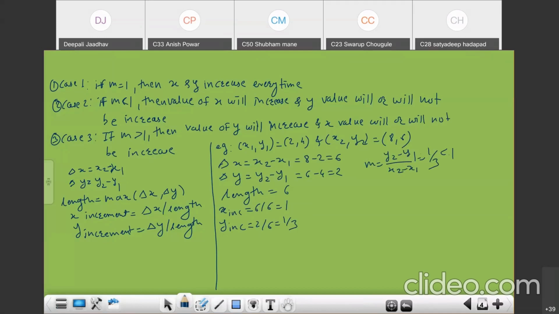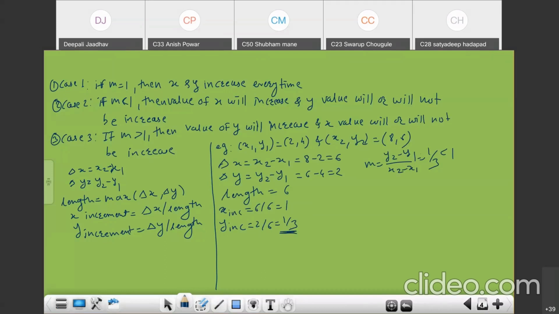So here you can observe that x is increased by 1. Correct? Why? Because the slope is less than 1. When the slope is less than 1, the value of x will definitely increase. Y may or may not. Now 1/3, in the pixel, is it possible to show a 1/3 value? No. It is either 0, 1, 2, 3. A fractional value is not possible to show in rasterization.